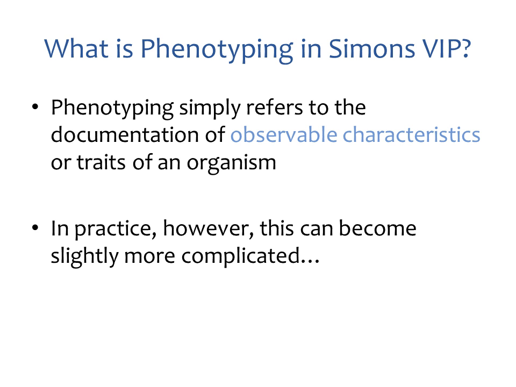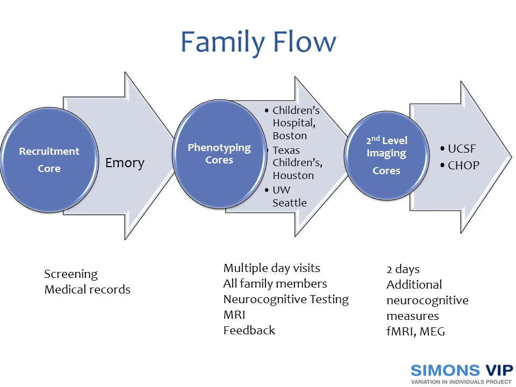First off, what all of our families did was they were contacted by our recruitment core at Emory. They had to go through a screening and give lots of medical records, and then they came to the phenotyping core either at Children's Hospital Boston, Texas Children's in Houston, or University of Washington in Seattle.